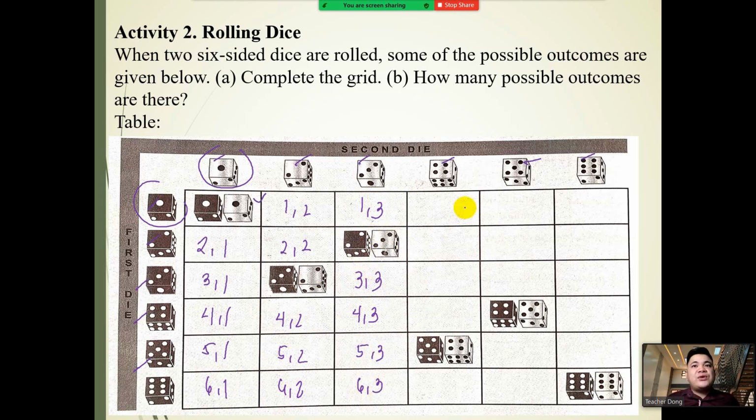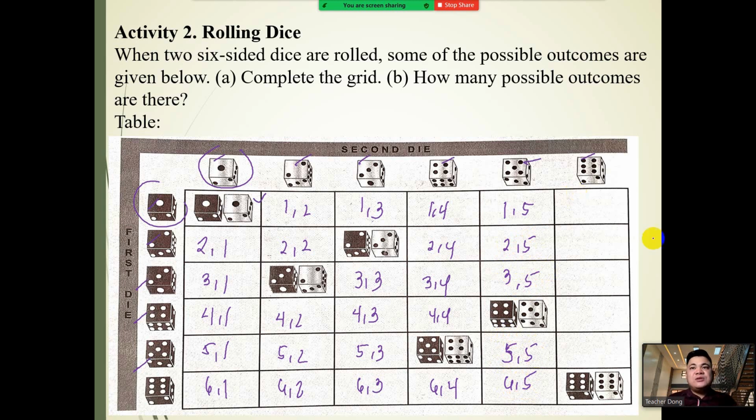For the fourth column, we have 1 and 4, 2 and 4, 3 and 4, 4 and 4, 5 and 4, and 6 and 4. For the fifth column, we have 1 and 5, 2 and 5, 3 and 5, 4 and 5, 5 and 5, and 6 and 5.